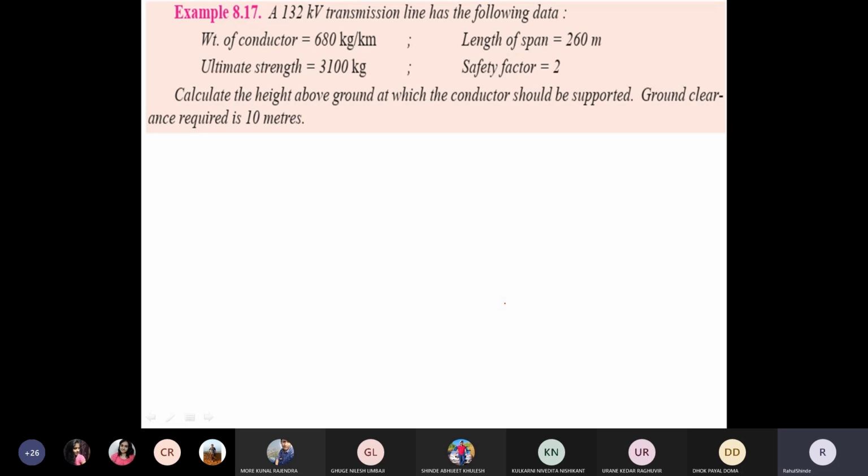They have given the ground clearance required as 10 meters. They are asking us to calculate the height above ground at which we should place the conductor on that line support. So for that purpose we must know the sag.